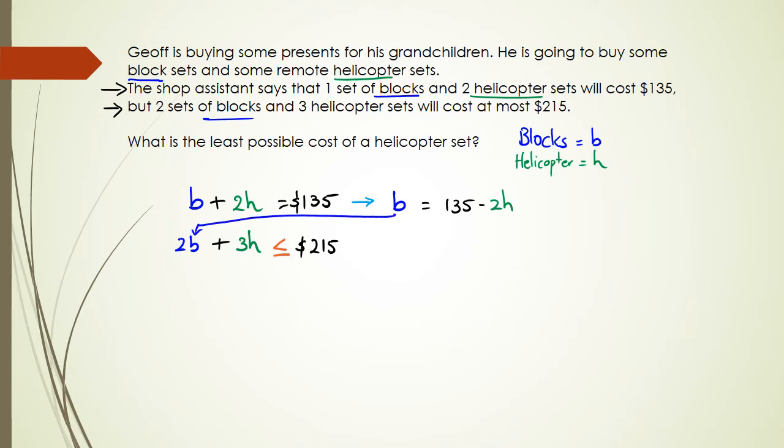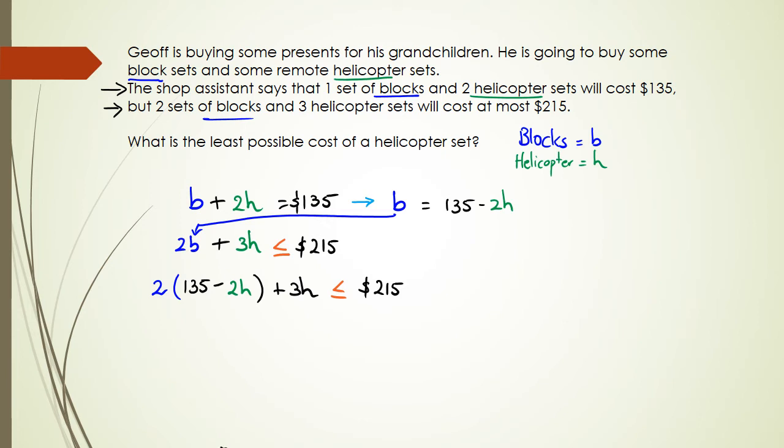So now I have 2 times B, but B is equal to 135 minus 2H, and we still have the rest of the inequality, plus 3H, which is less than or equal to $215. So on the left hand side we need to expand and simplify.